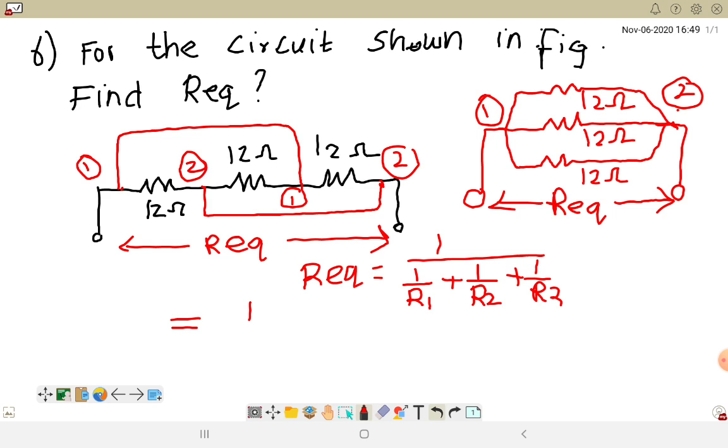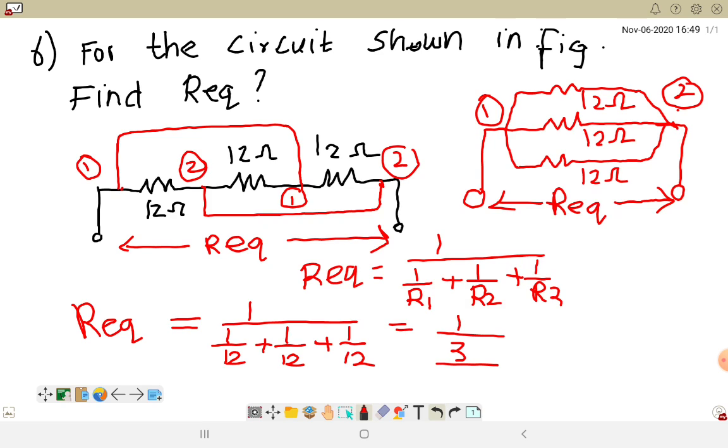That is equal to 1 divided by 1 by 12 plus 1 by 12 plus 1 by 12. So that is R equivalent. So 1 divided by 3 by 12. So 1 by 4, that is equal to 4 ohm. So this is the value of R equivalent.